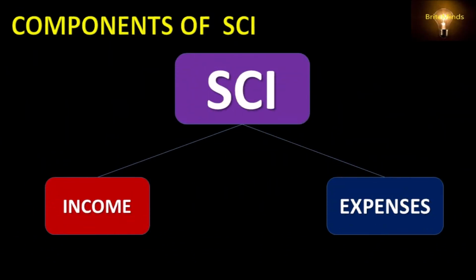An example of a transaction that decreases assets: the business entity purchases raw materials for production in cash. So the asset account, cash, will decrease. That will be cost of goods sold. So cost of goods sold or cost of sales is an expense.